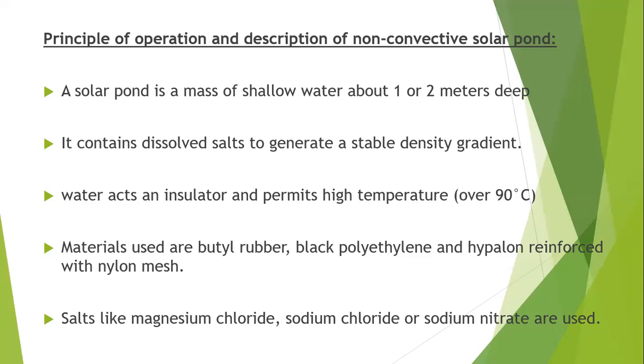The solar pond contains some dissolved salts to generate a stable density gradient. This dissolved salt will be in layers. Some part of the incident solar radiation enters the pond surface and is absorbed throughout the depth, and the remaining penetrates through the pond and goes downwards to the absorbing black bottom plate.